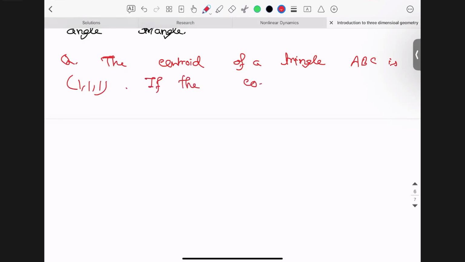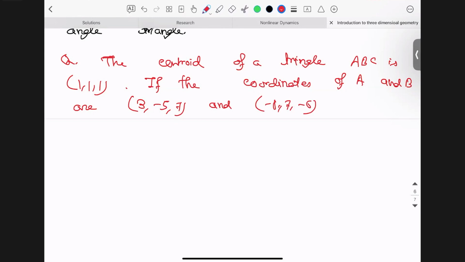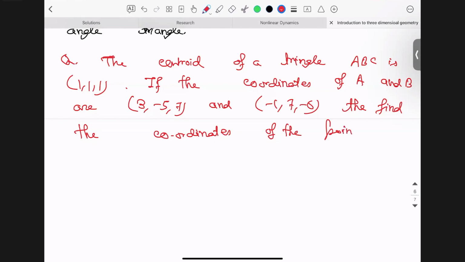If the coordinates of A and B are 7, minus 1, 7 and 7, minus 6, minus 6, then find the coordinates of the point.